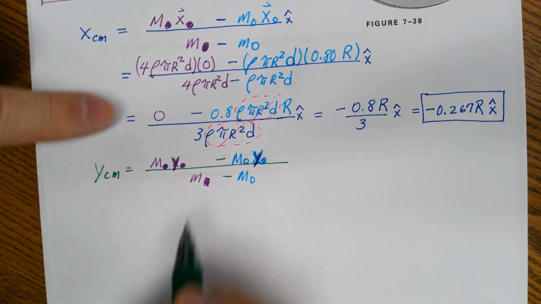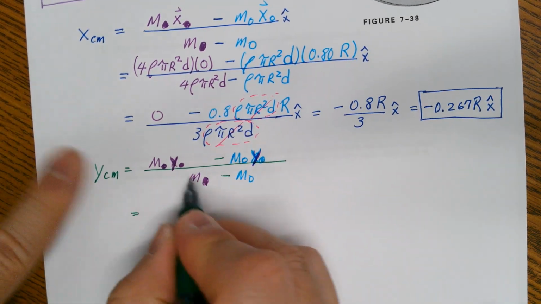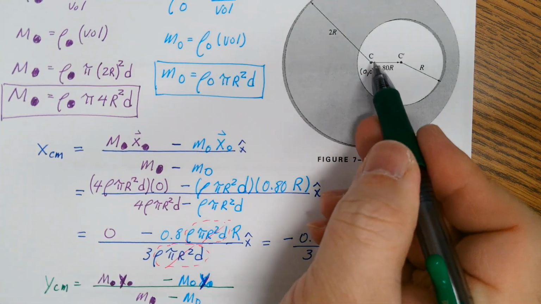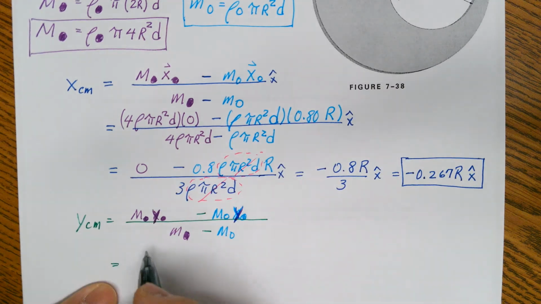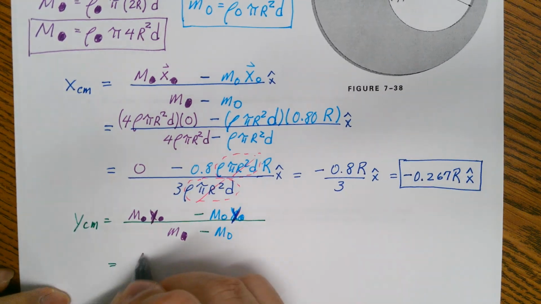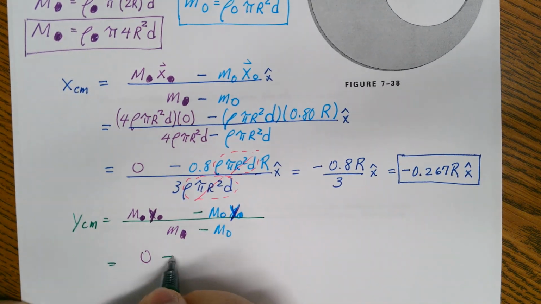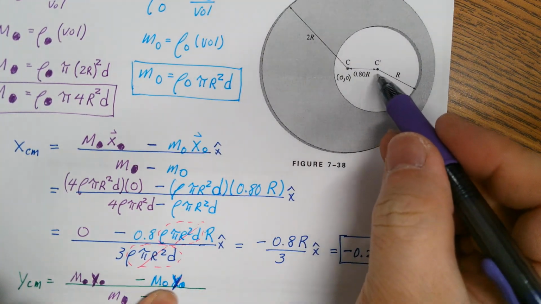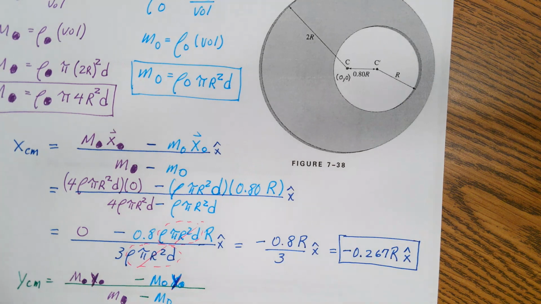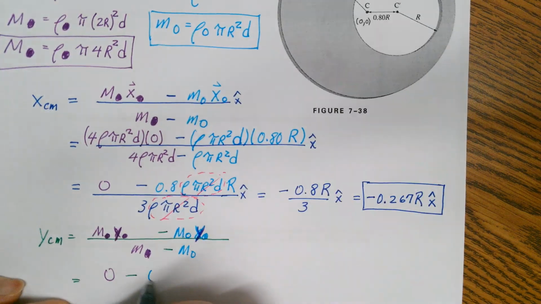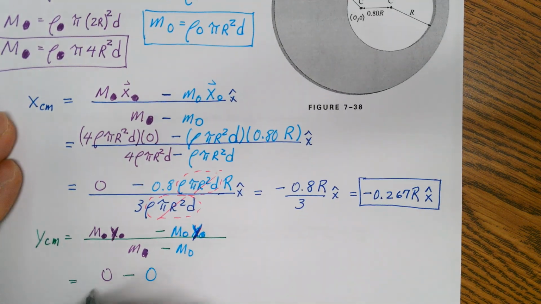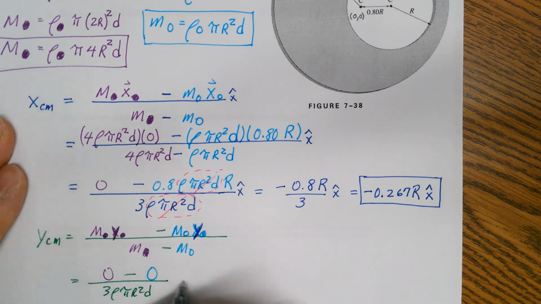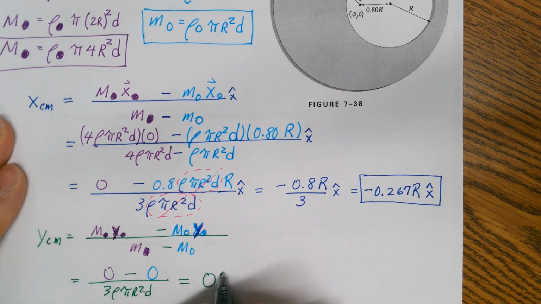Well, we already know what the y position is for my solid. My y position is 0. So this is going to be 0 minus, and the y position for the whole is also 0. So this is also 0, over 3 rho pi r squared d. And that just becomes 0 y hat.